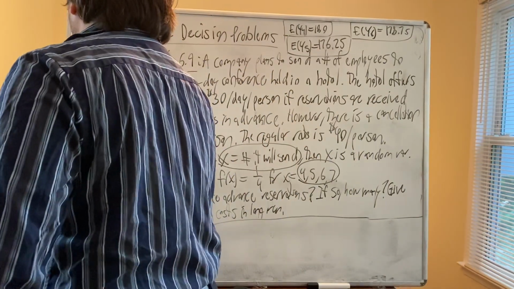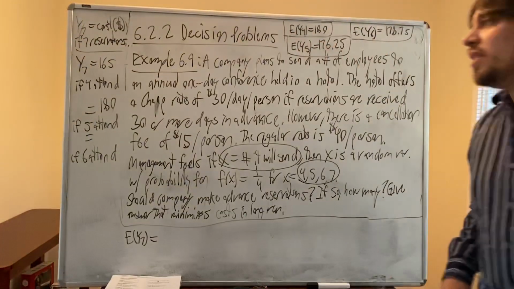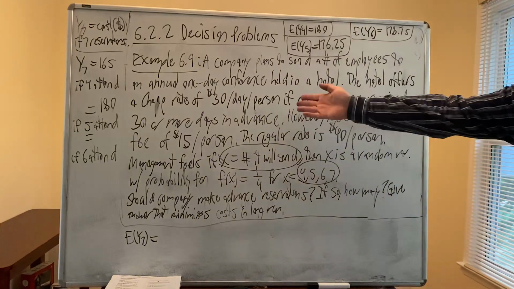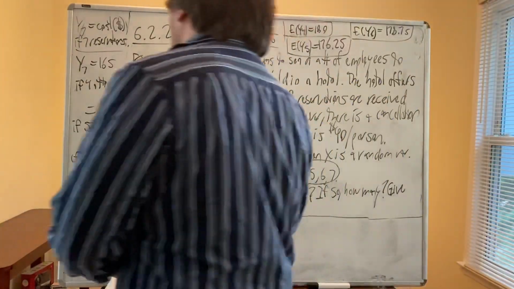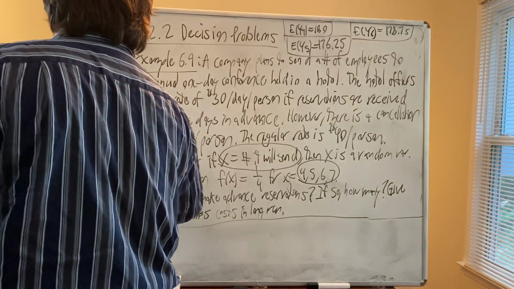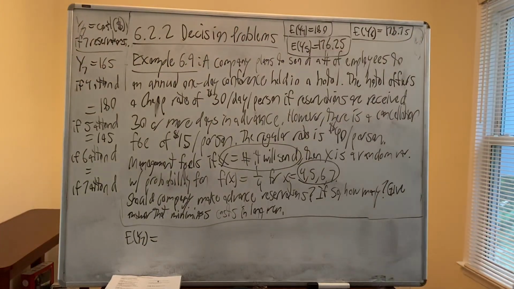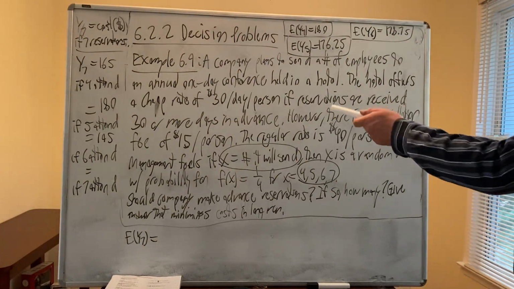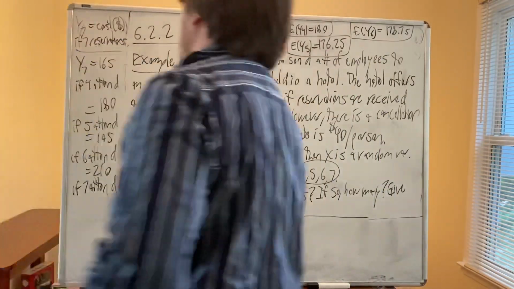Okay, so if 6 attend, 7 times 30 is 210 for the reservations, minus 1 cancellation, which is 15. That's 195. And if 7 attend, then there are 7 reservations, all 7 show up, so it's 210 with no cancellations.